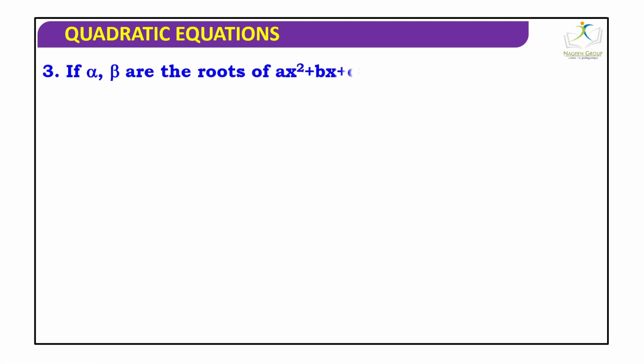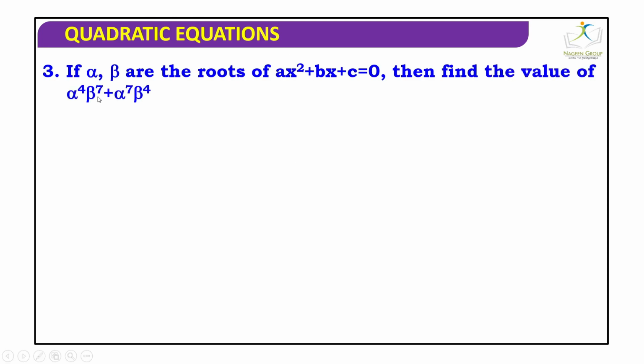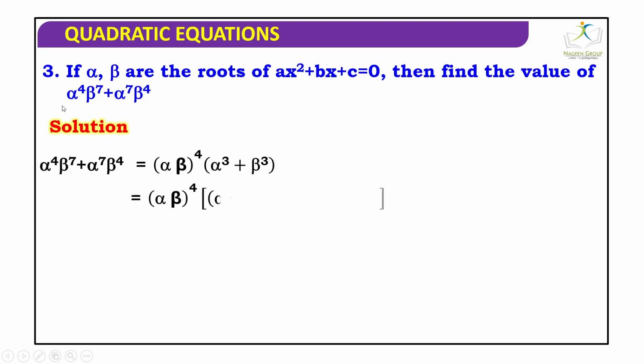Now, question number 3. If alpha and beta are the roots of the equation, then find the value of this. What I do is make the equation in the form of sum and product. So, from this, we are taking alpha beta to the power 4 common. So there will be alpha cube plus beta cube over alpha beta whole power 4.